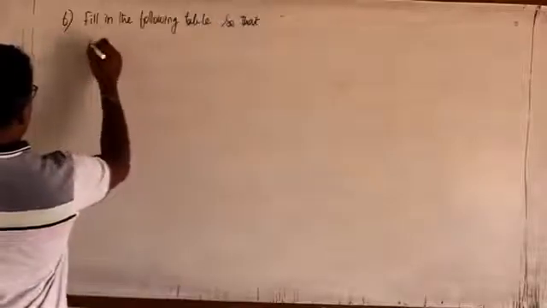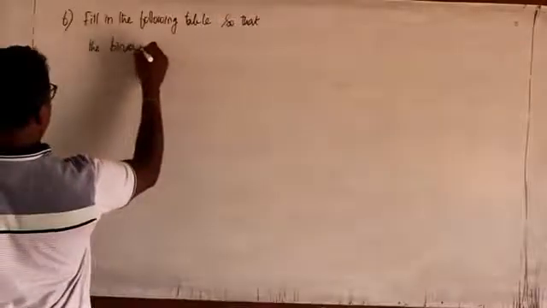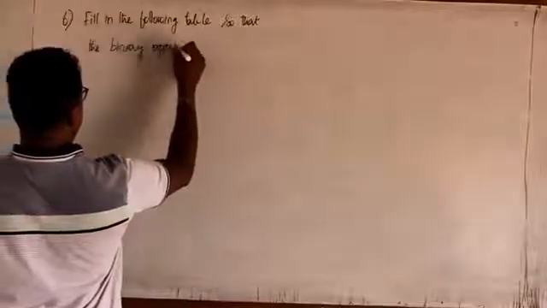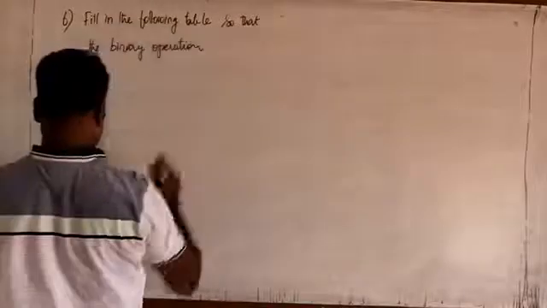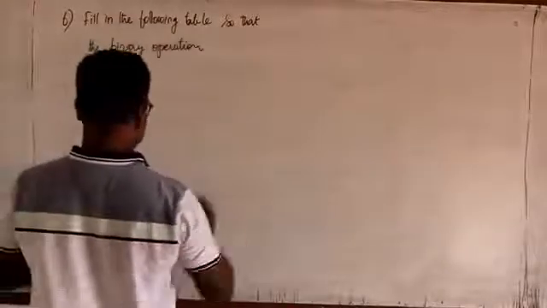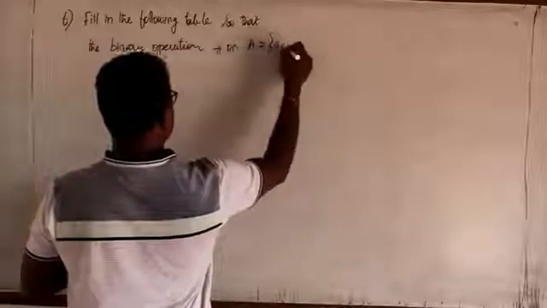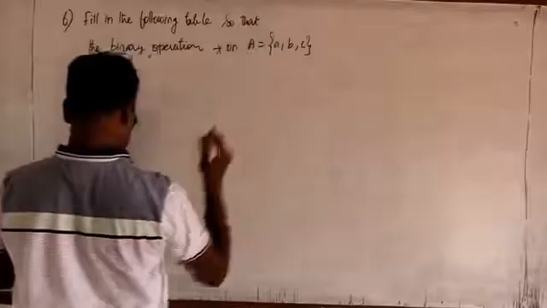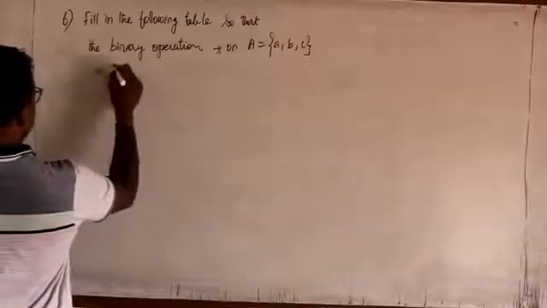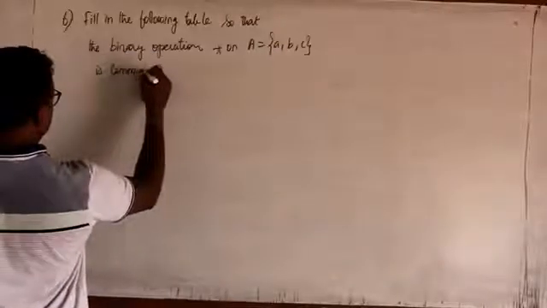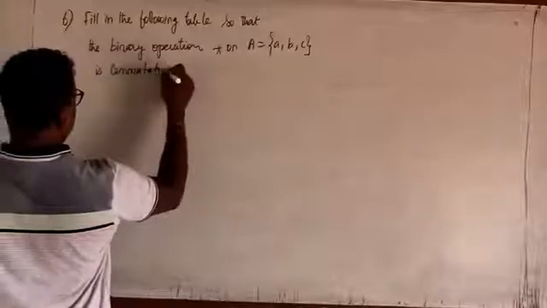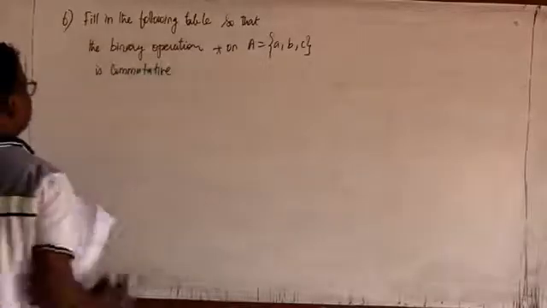So that the binary operation star on A equal to A, B, C is commutative. That operation is already commutative.